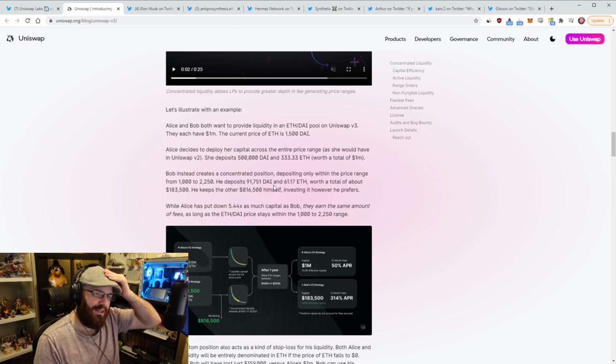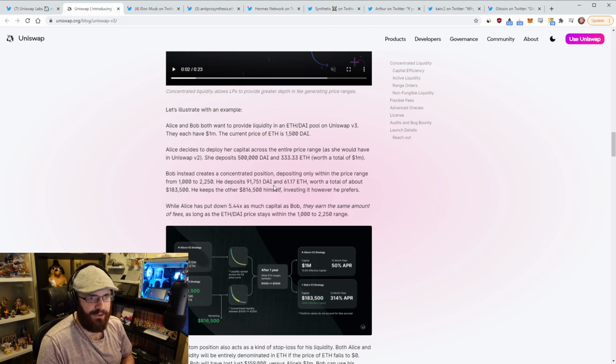And I don't think that this is going to be the death of passive LPing. SushiSwap still exists, and I don't think they're going to go for concentrated liquidity. Maybe they do one day. But for now, anyone who wants to be a passive LP can on SushiSwap, and can still do it on Uniswap V2. But I guess eventually most of the liquidity will move to V3, and it remains to be seen how it plays out.